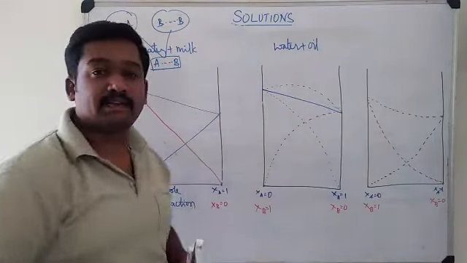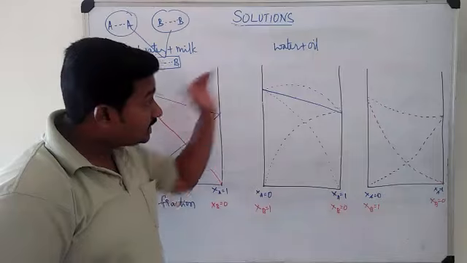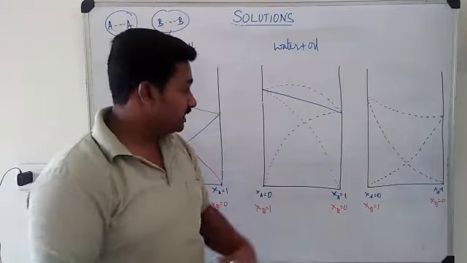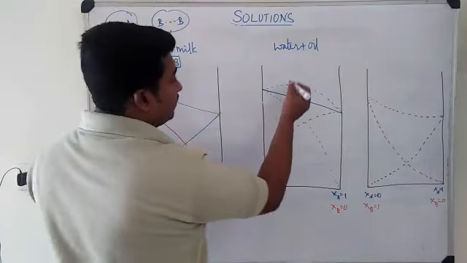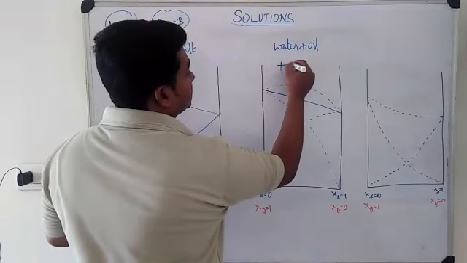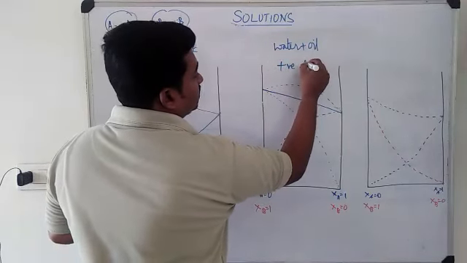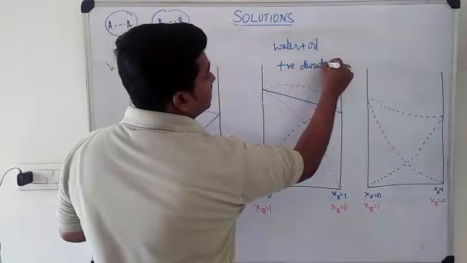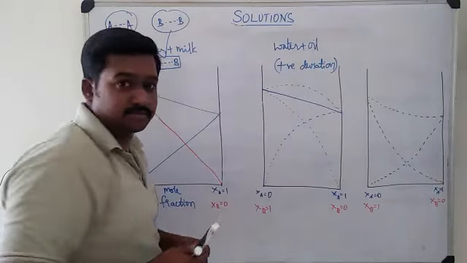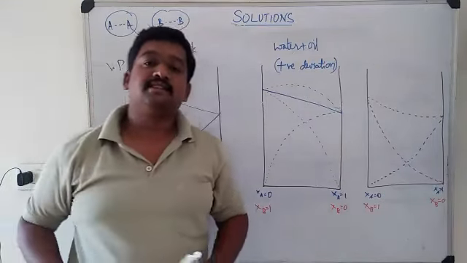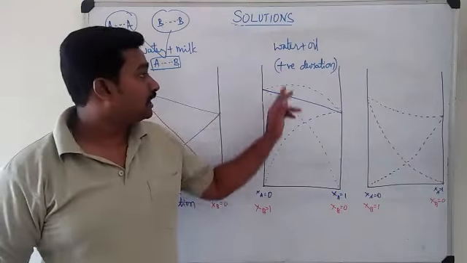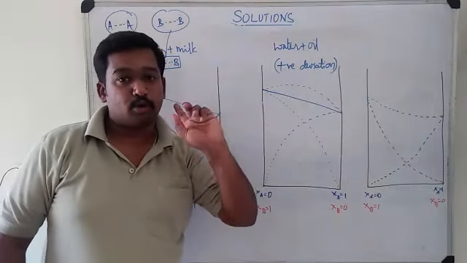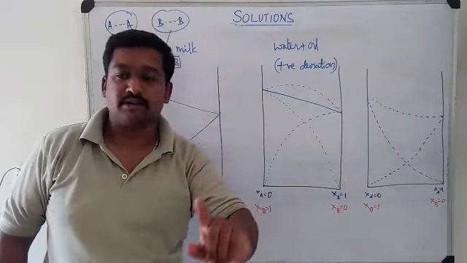This line is the expected answer, but there is an increase, which means this solution is showing some increased tendency, which we call positive deviation. Since there is an increase in the resultant vapor pressure, we call it positive deviation. I hope you got the answer why we call it positive deviation.